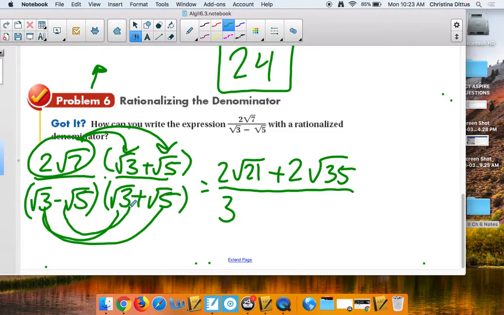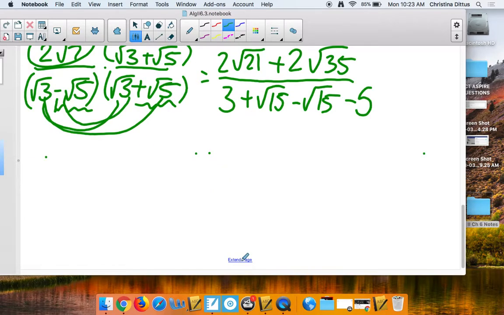Or just write it. Okay, plus square root of 15 minus square root of 15. Minus, what do I get back? Negative square root of 5 plus square root of 5. 5. Positive 5? Negative 5. Negative 5. Okay.